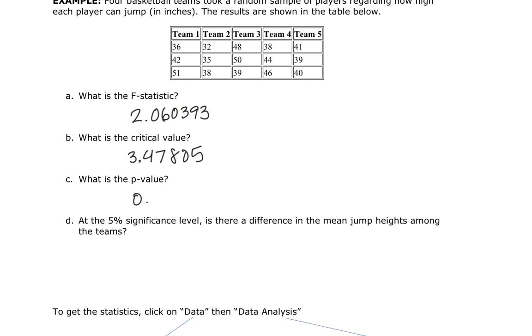That was 0.161351888. Lastly, at the 5% significance level, is there a difference in the mean jump heights among the teams? Since we're going to fail to reject the null hypothesis, there is not enough evidence to show there is a significant difference in the heights of the jumps of the players among the teams.